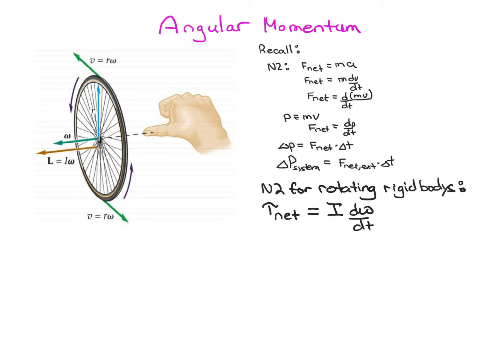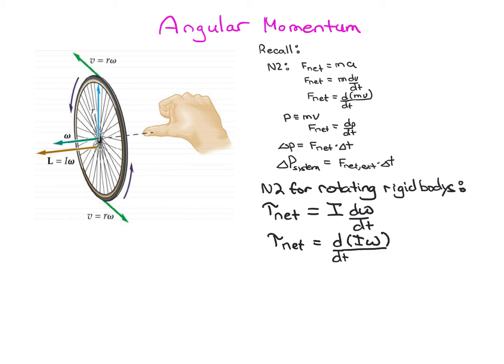More specifically, the net torque acting on the object is equal to the rotational inertia I of the object times the rate at which the angular velocity is changing. If we consider the rotational inertia to be a constant characteristic of the rigid body, we can move I into the time derivative just like we did above, and write this law as the net torque is equal to the time rate of change of the product of I times omega.